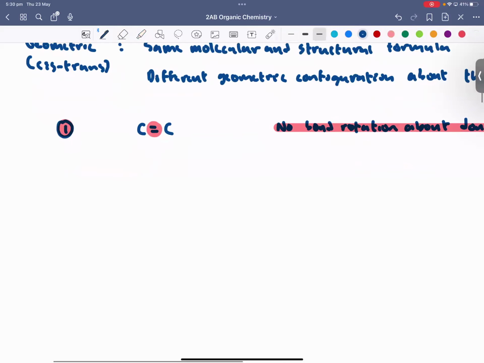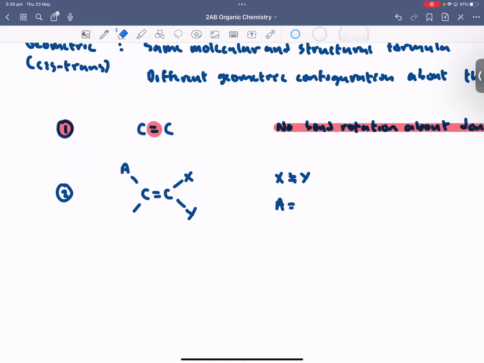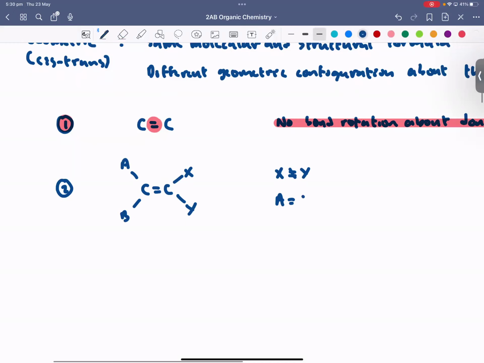And on top of that, requirement number two is this. Yes, you already have the double bond, but it is extremely important. This thing only works as long as X does not equal Y and A does not equal B. That is the only way it works.